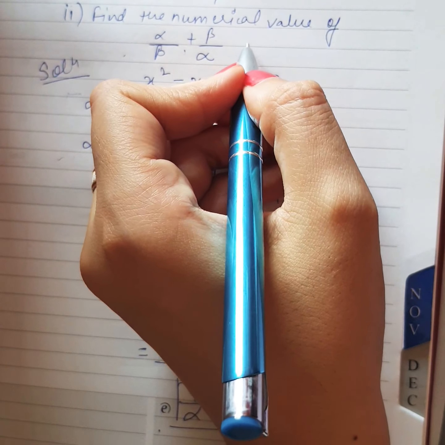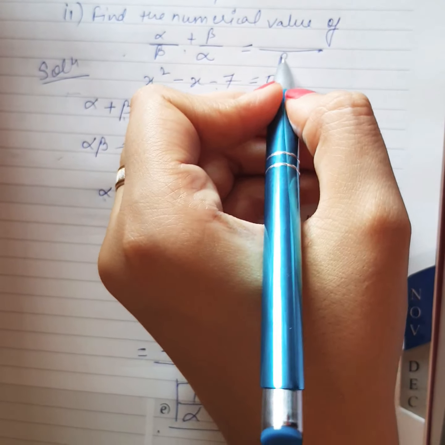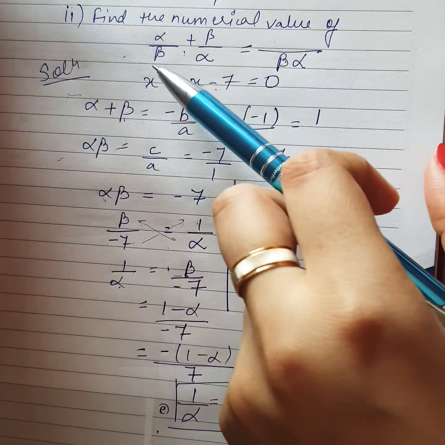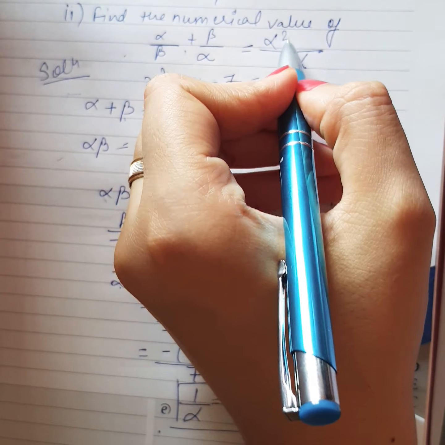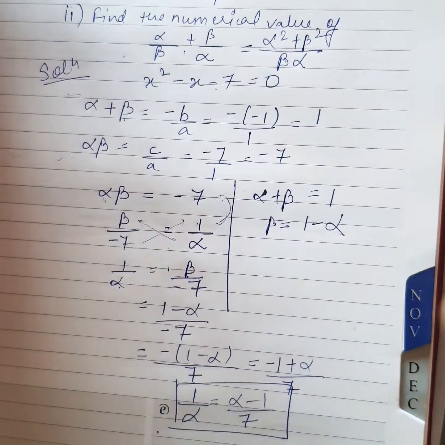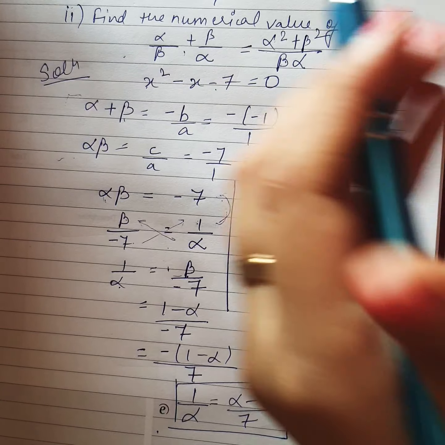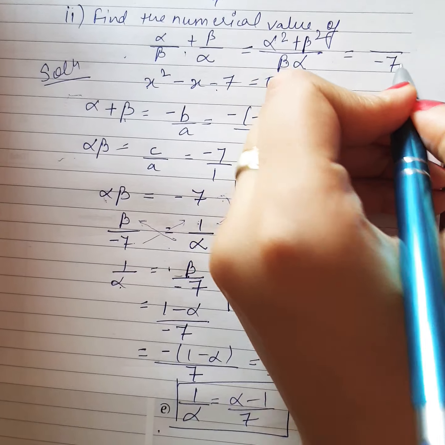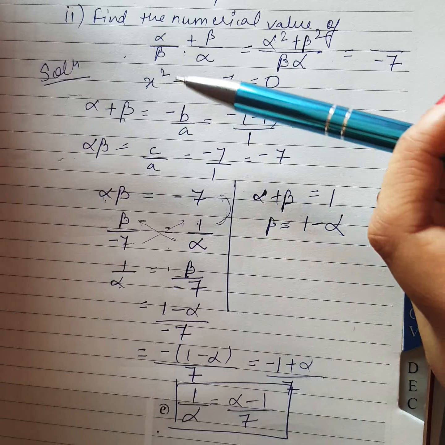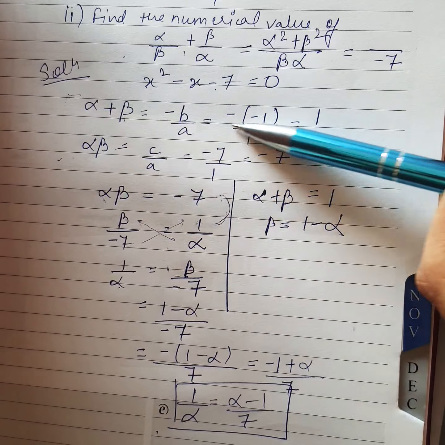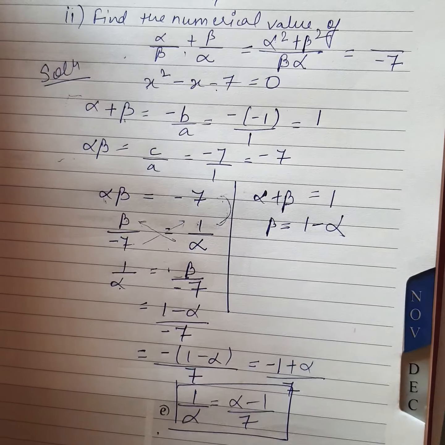Then find the numerical value of this. Let us simplify it by taking LCM alpha beta. In the numerator it will be the sum alpha square plus beta square. Alpha beta value we have is minus 7, so in the denominator it is minus 7. Alpha square plus beta square I need to find from the first equation like usual.